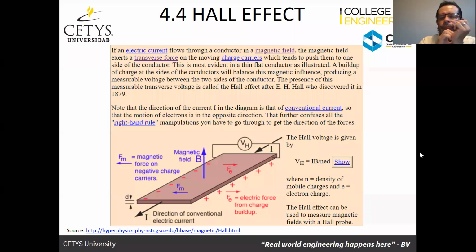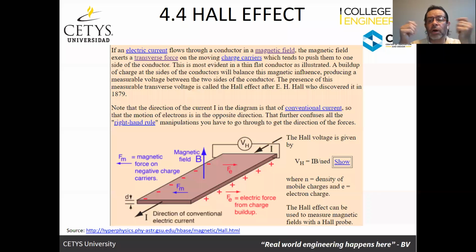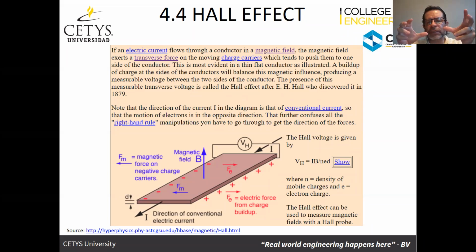Okay. And so this is the Hall effect. What's usually used to measure magnetic fields is called a Hall probe, which is basically a piece of conducting material that's placed within the magnetic field. And we use a voltmeter to measure what's called the Hall voltage.